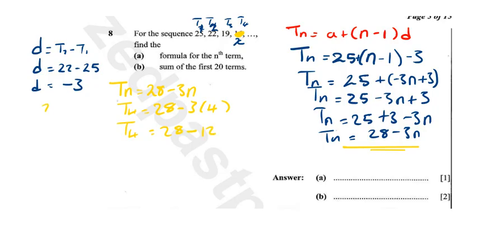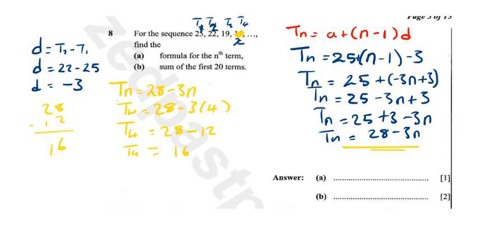And then 28 minus 12, it will be 8 minus 2 is 6, 2 minus 1 is 1. So our T4 will be equal to 16. As you can see, we have found our fourth term, which is 16. So that's what they mean when they say find the formula for the nth term.